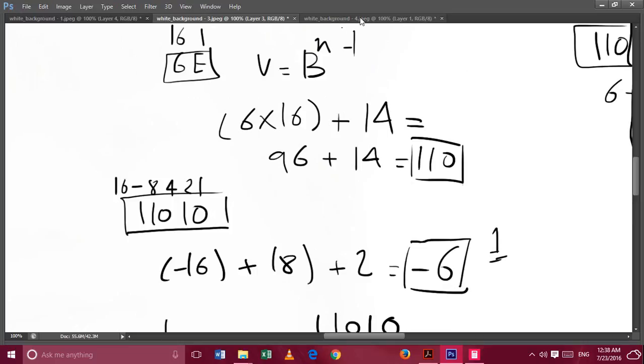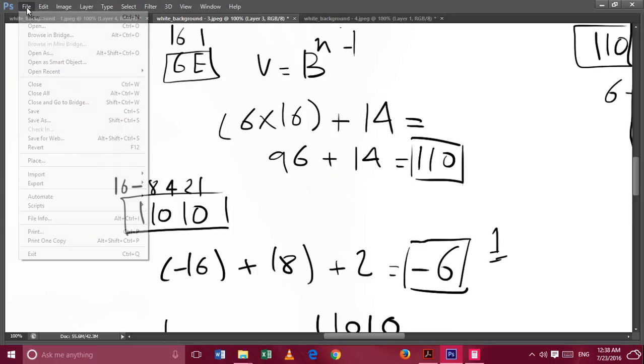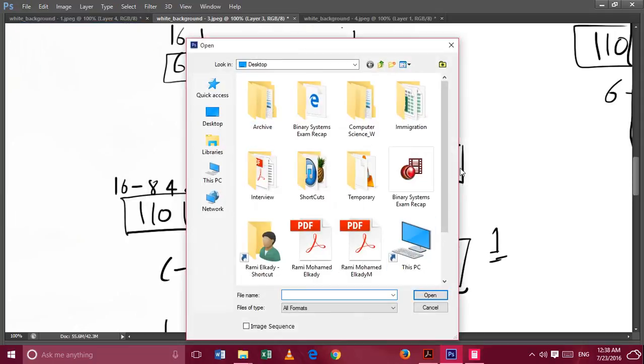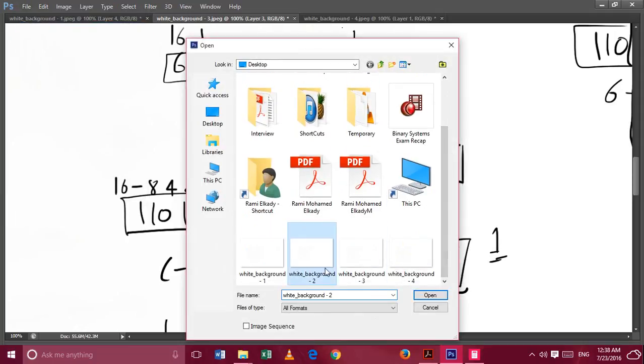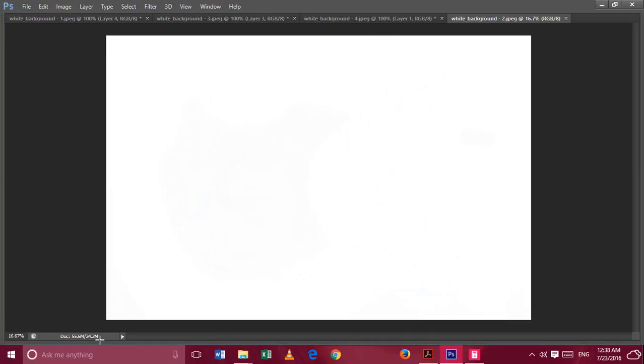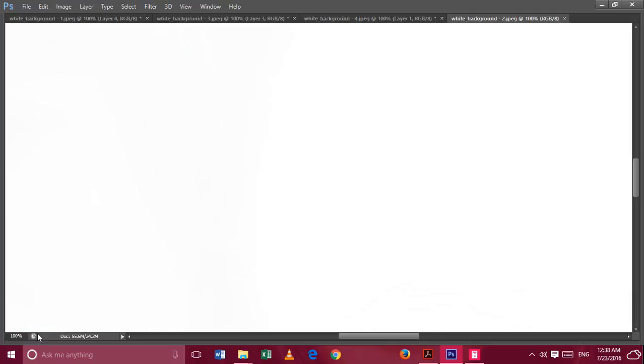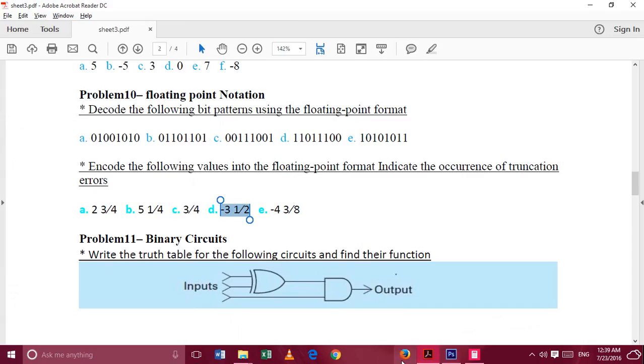Sorry guys, that would be sheet 2. There you go. Sorry for that.